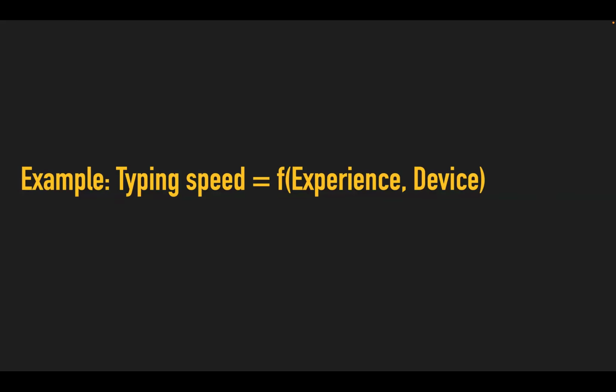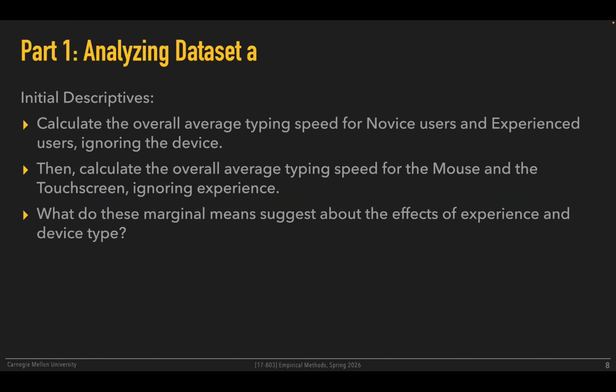So that's the setting. I shared some data. So let's start by actually looking at this. First thing I'd like you to do, please, is to look at data set A. I shared two. Just start with the first one. We'll get to the second one later. Calculate the overall average typing speed for novices and experienced users, ignoring device and whatnot, from the data set that I shared.